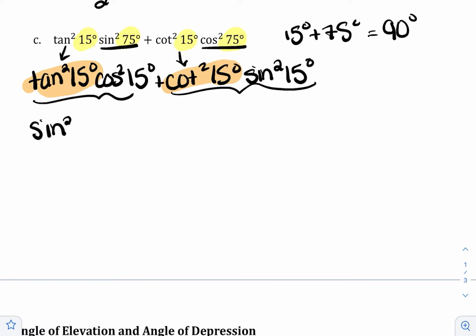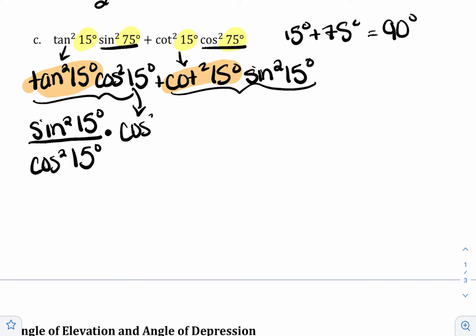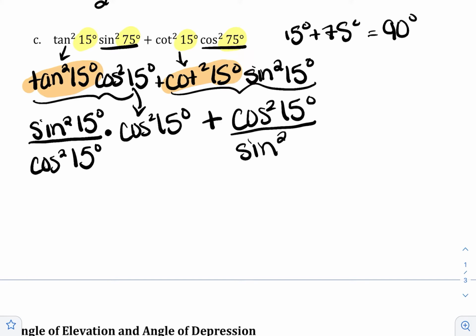So sine squared of 15 degrees over cosine squared of 15 degrees times, and then I'm going to bring this down, so cosine squared of 15 degrees, plus, and then I'm going to change the cotangent squared, so cotangent is cosine over sine, so cosine squared of 15 over sine squared of 15 times, and then I'm going to bring this down, sine squared of 15 degrees.